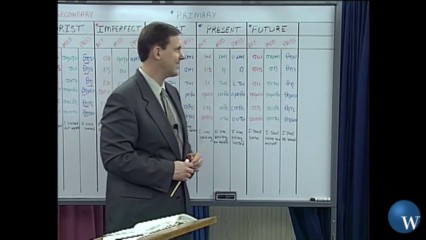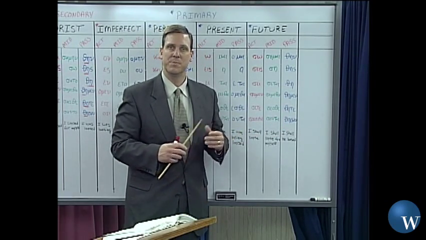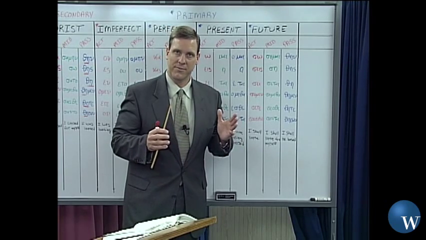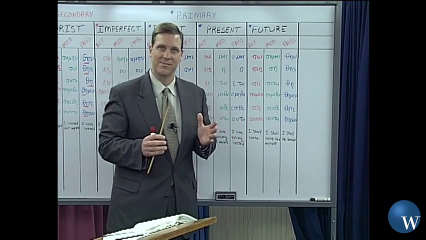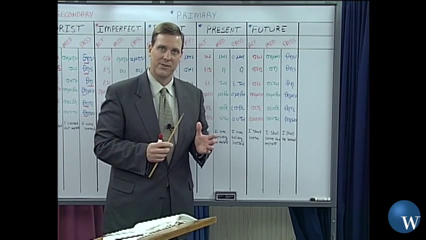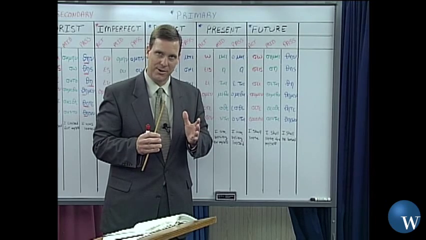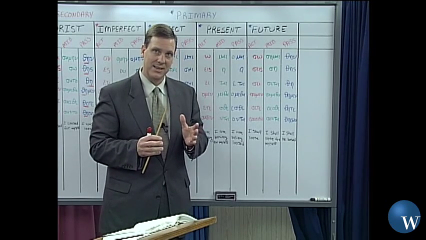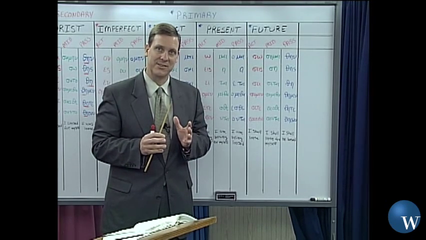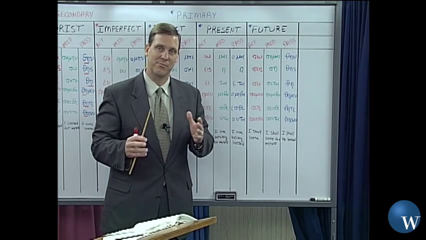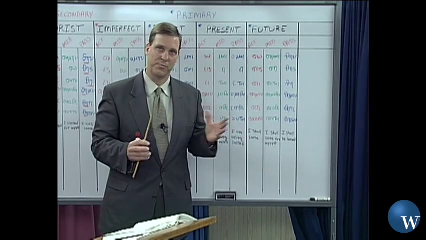It would be a good idea to commit them to memory, but just be aware of those forms and understand what we mean by passive and middle, so that when you begin to dissect a verb, when you begin to parse it and analyze it, then you'll understand what we mean by passive, middle, and you can see the forms and how they change.